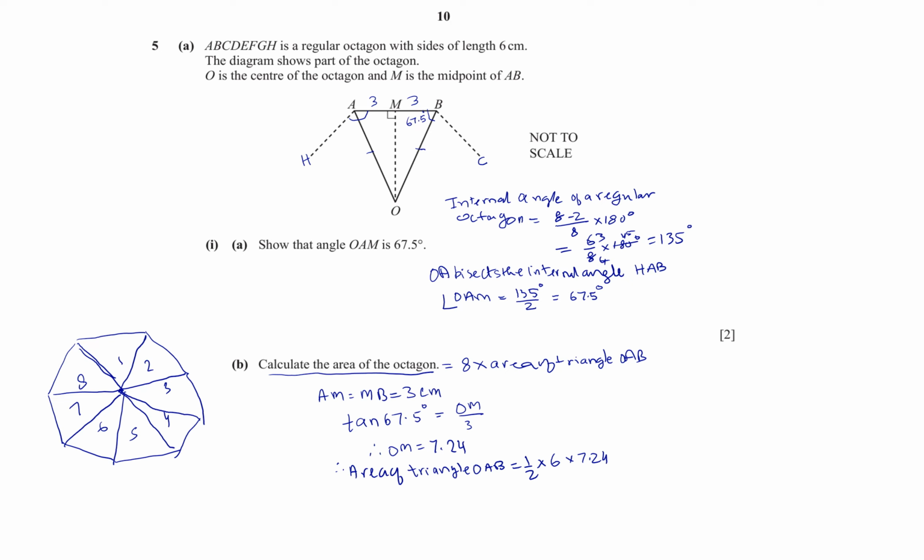So the area of the octagon would be 8 times half times 6 times 7.24. I can cancel that out, so that's 24 times 7.24. That's 173.76.